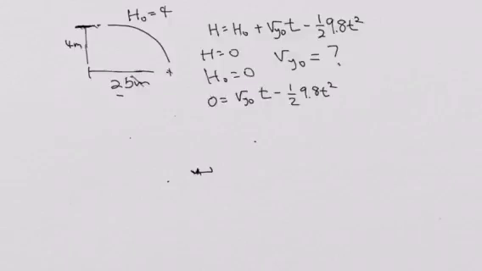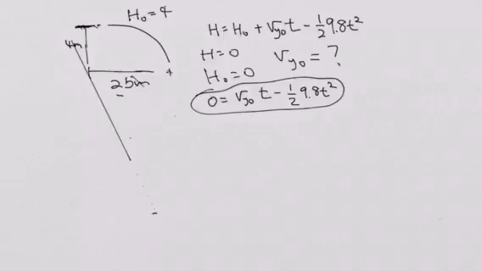The problem with that is there are two unknowns and we only have one equation. So that's not really the right way to think about it.